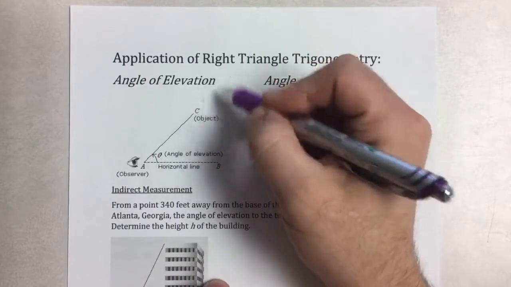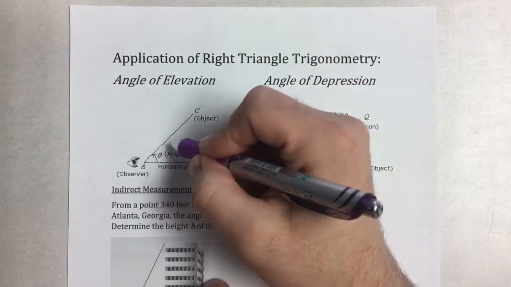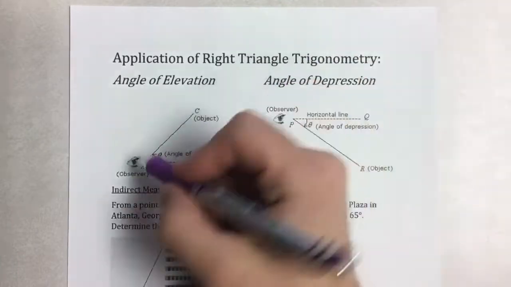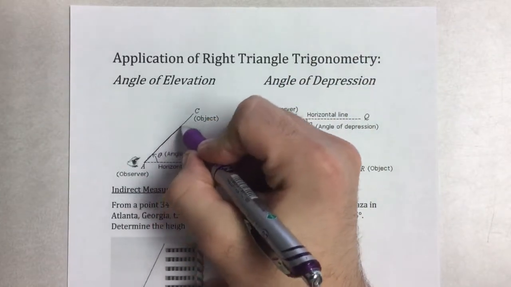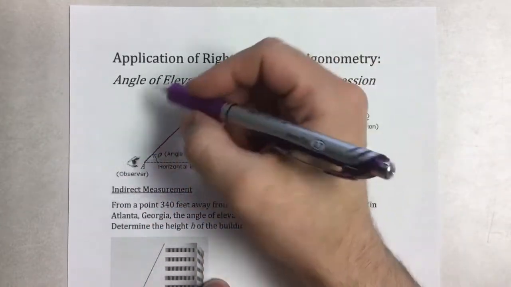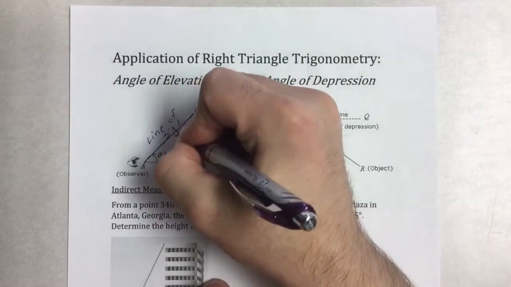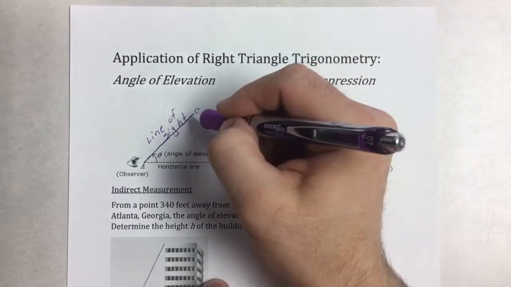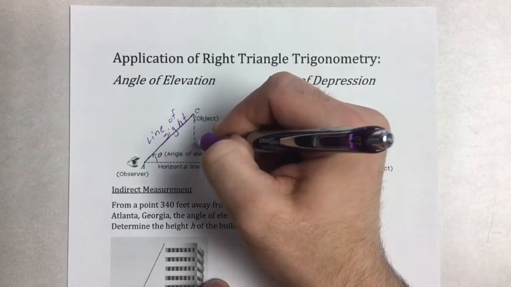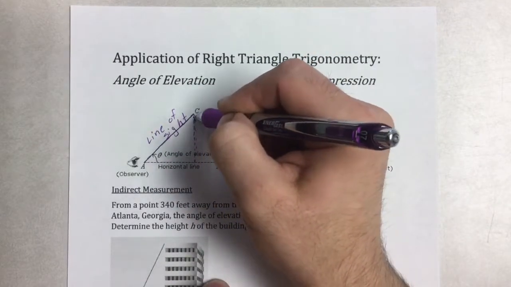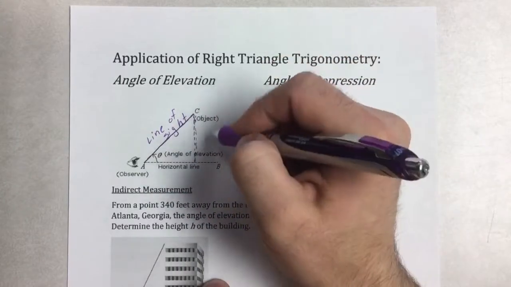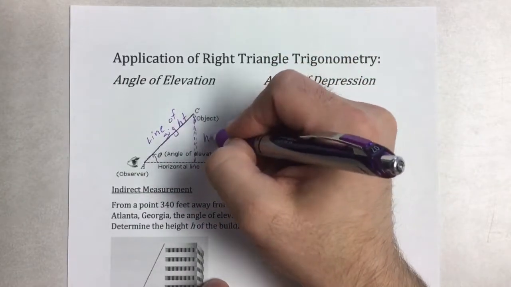Our object is above us, and that angle that we have to look up is our angle of elevation. We're going to call this line either the direct line or often the line of sight. And then obviously the height of the object that we're examining would be our vertical segment here.